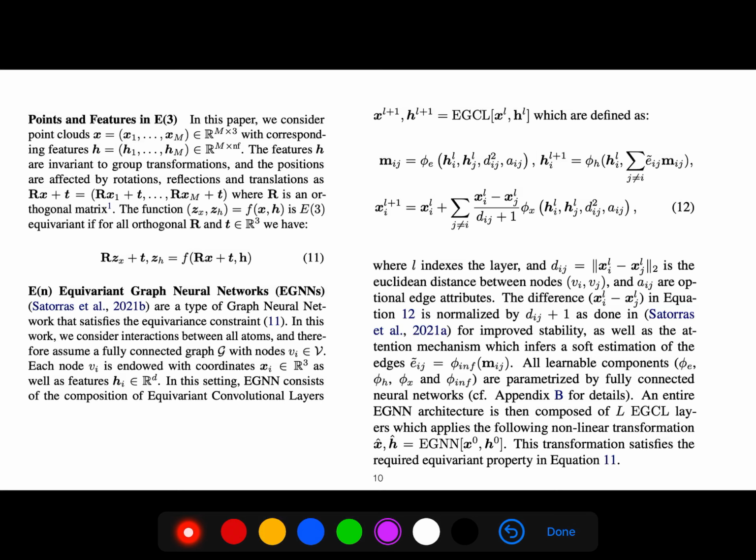So points and features: they consider point clouds with corresponding features. The features are invariant to group transformations, and the positions are affected by rotations, reflections, translations. So they use these equivariant graph neural networks. They just use it.